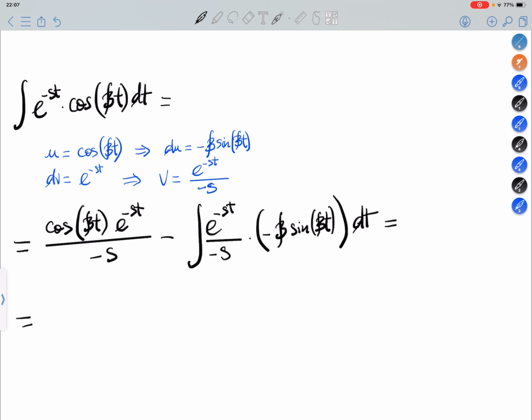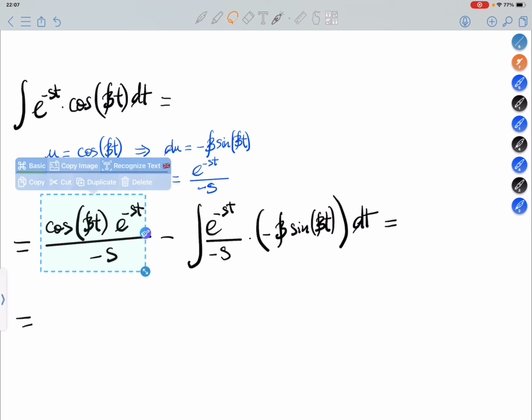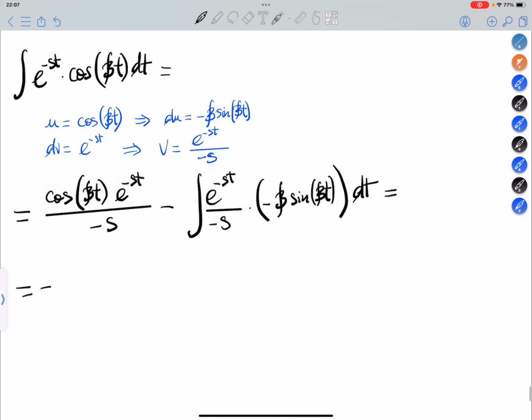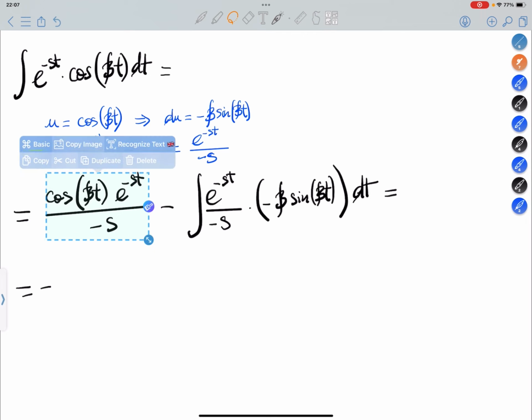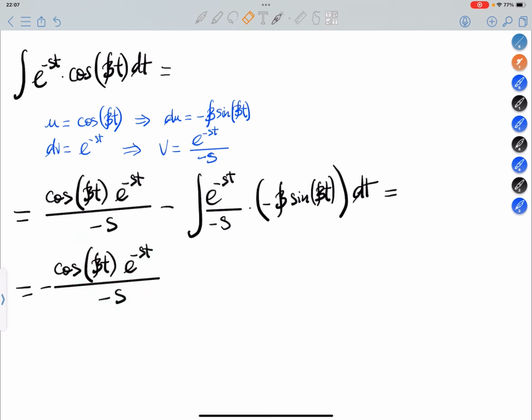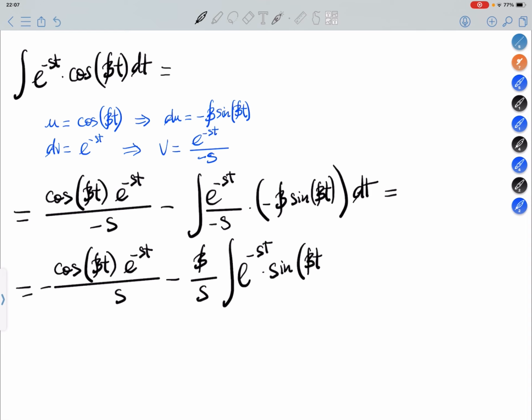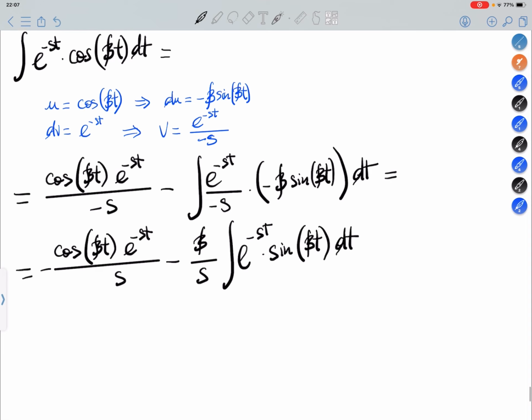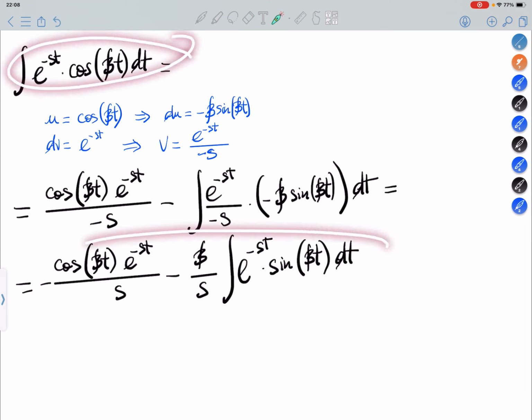Now this would be equal to the first part, where we write the minus on top, and then we take beta and minus s out, so we have minus the integral, minus beta over s, times the integral of e to the power minus st times sine of beta t dt. So this integral here is equal to this.